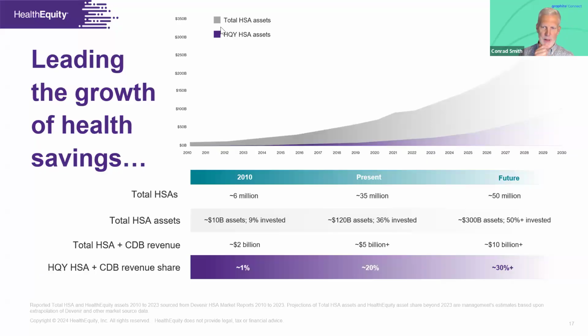We included here a little bit more of the data view of HealthEquity. Yeah, so for sure. This is walking through a little bit of the total HSA market. With the acquisitions that HealthEquity has made, as of the Devenir report that just came out, we are the number one HSA provider. And that's a really cool place to be.